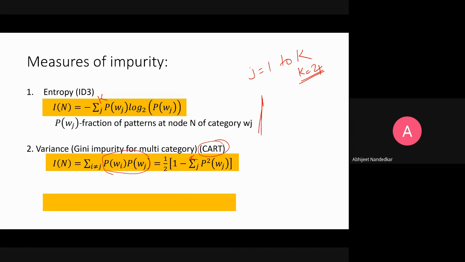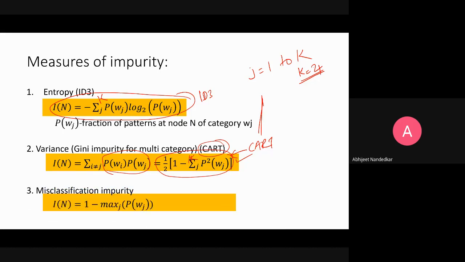So if you have many classes, then you will use this second one. This is called Gini impurity for multi-category. We are going to use this in the CART algorithm, and this first one is used in the ID3 algorithm.